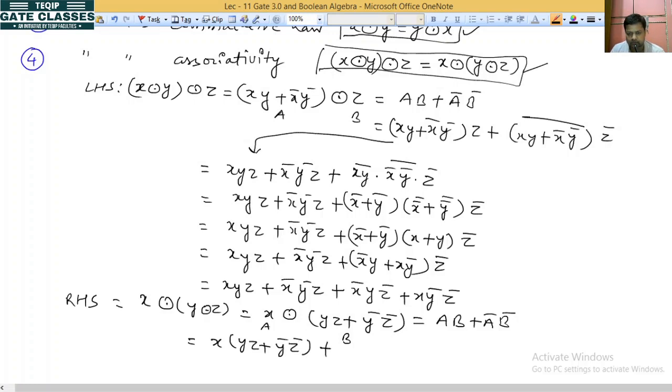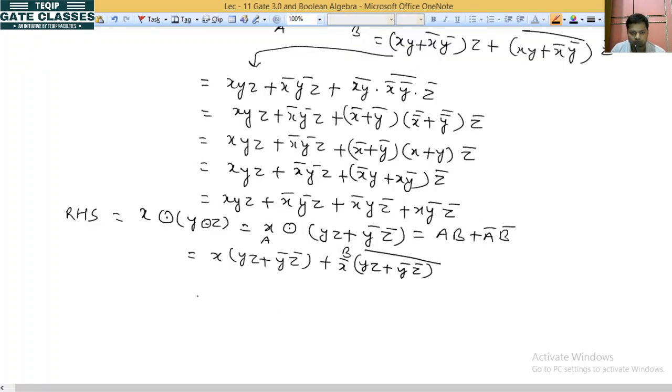Okay, plus a bar is x bar and b bar is yz plus y bar z bar whole bar. What will be the value again?